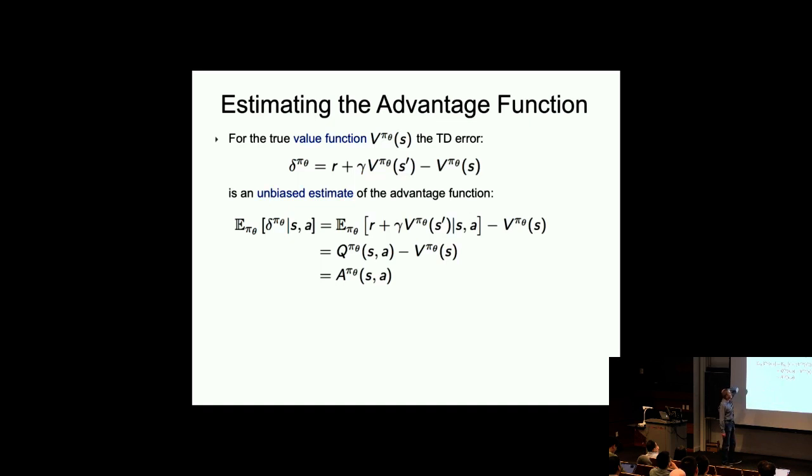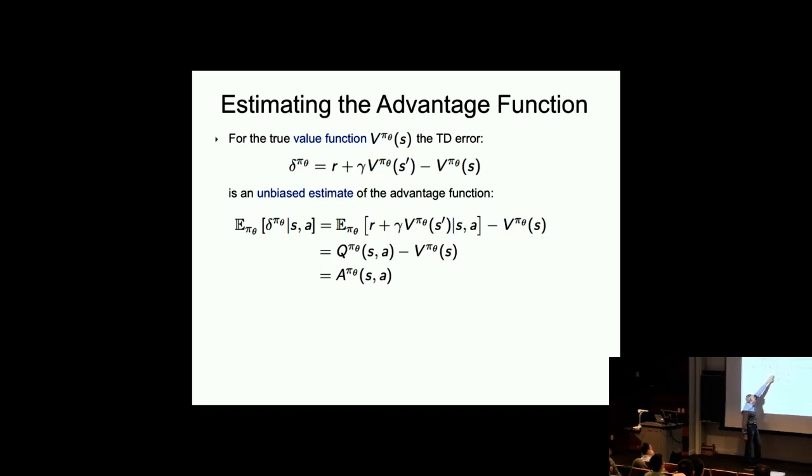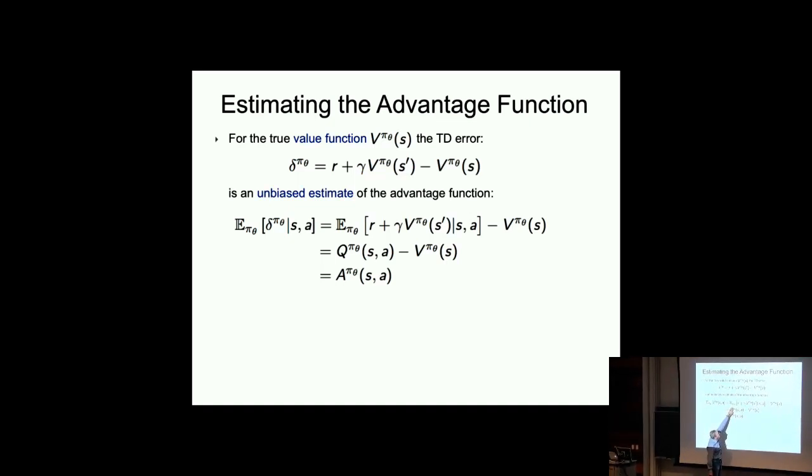is a good estimate of the advantage function because its expected value breaks down to only depending on, if you think about what this expected value is taken over, what's the non-determinism here? It's the actual reward that we experience, which might be non-deterministic, and the outcome of taking an action, which might be non-deterministic.